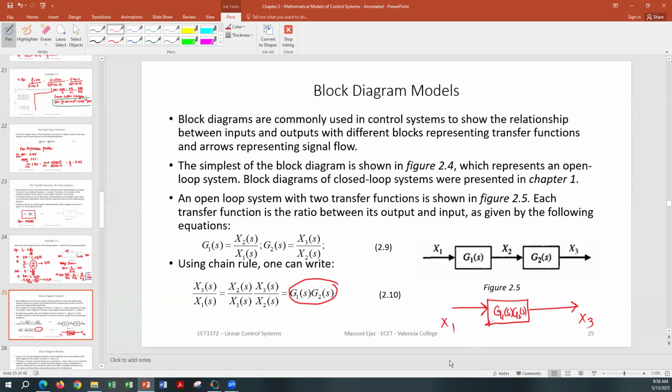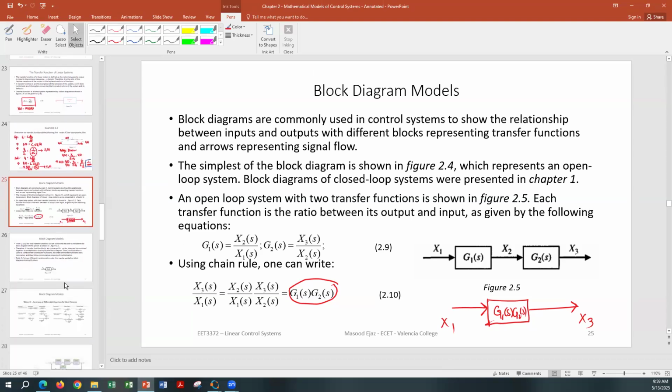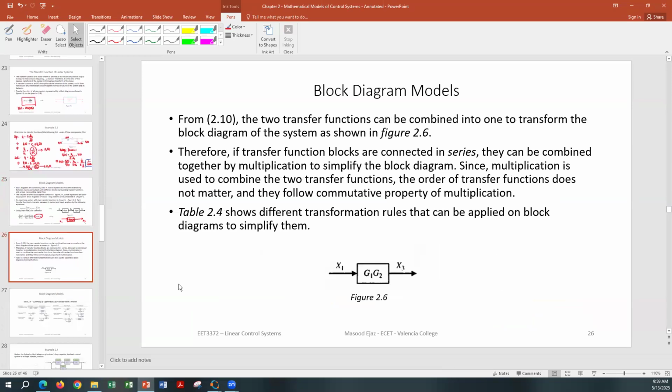In a linear system, if you have multiple transfer functions in series, you can combine them by multiplying them together and replace all the blocks by a single block with the product of all the transfer functions. That's for linear systems. So G1, G2 times X3, as I said.